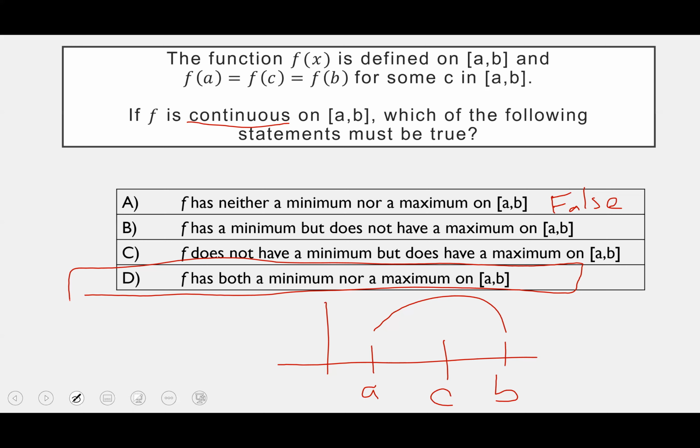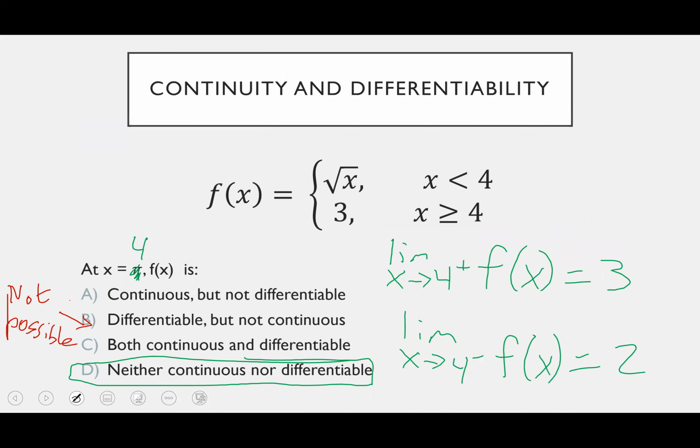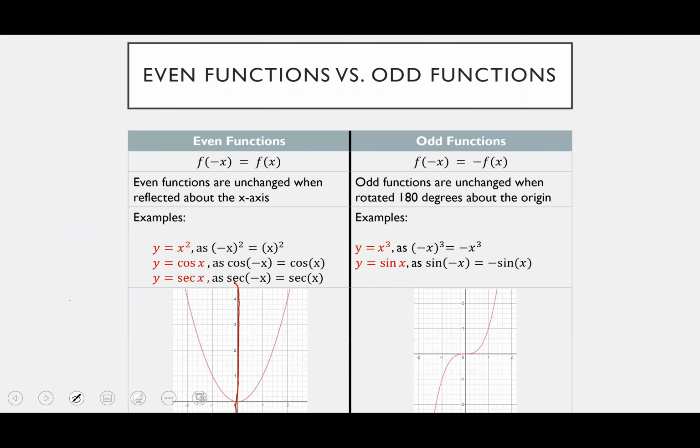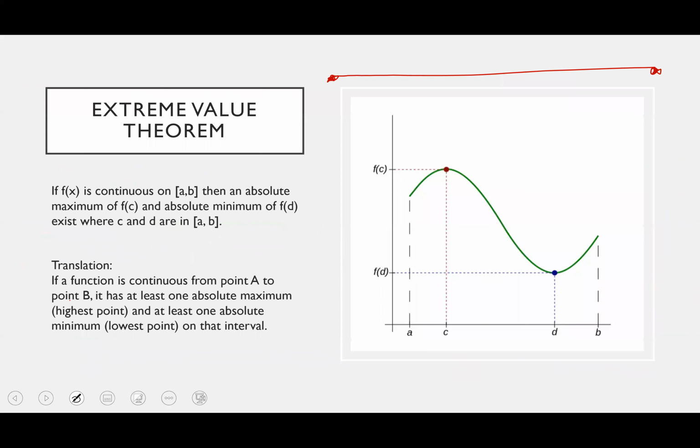You would have to prove that the function is continuous, like we did previously for that piecewise function, by checking the limits from both sides and what happens when you plug in the point. Then you can say, because of the extreme value theorem, we must have a maximum and a minimum on that interval.